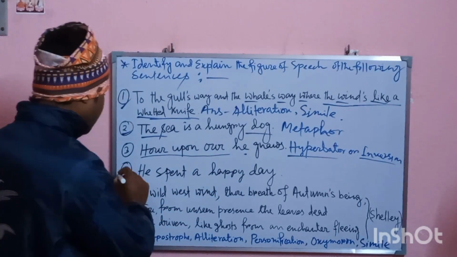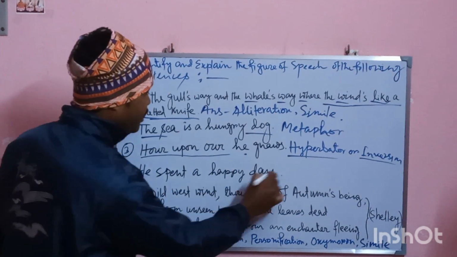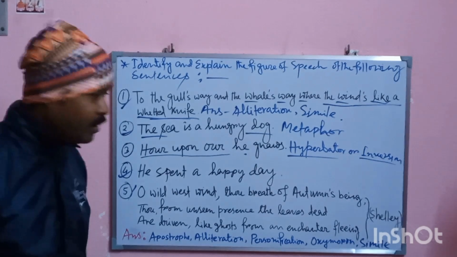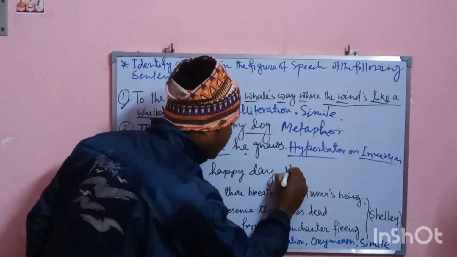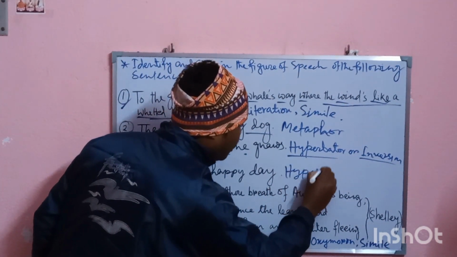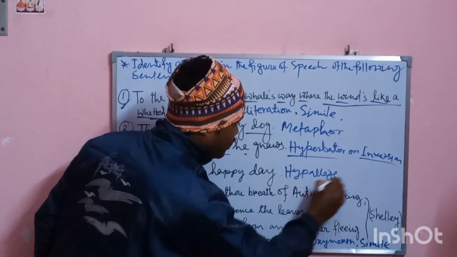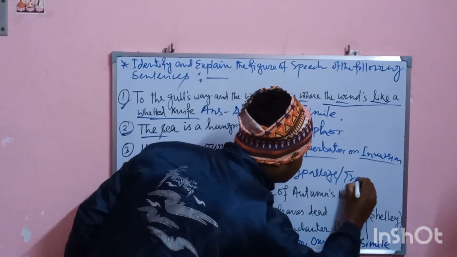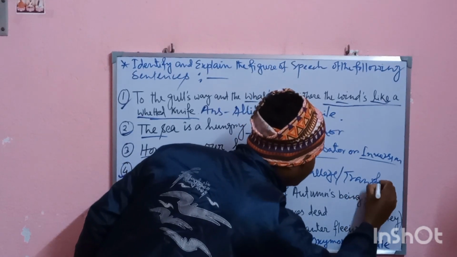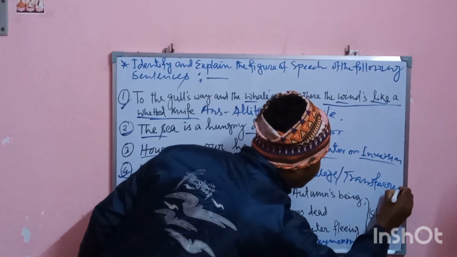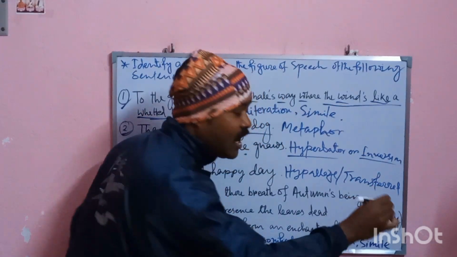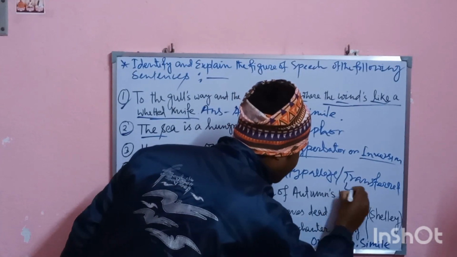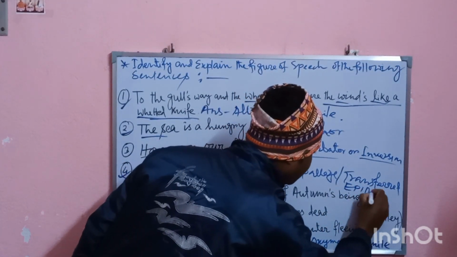Next, he spent a happy days. This line is an example of hypallage or transferred epithet. T-R-A-N-S-F-E-R-R-E-D, transferred epithet.